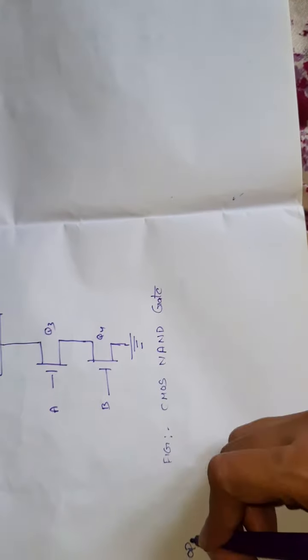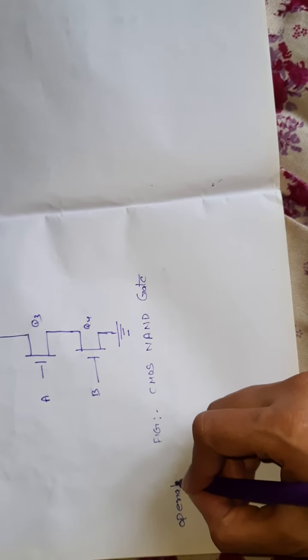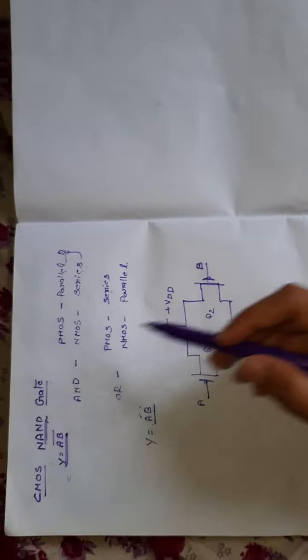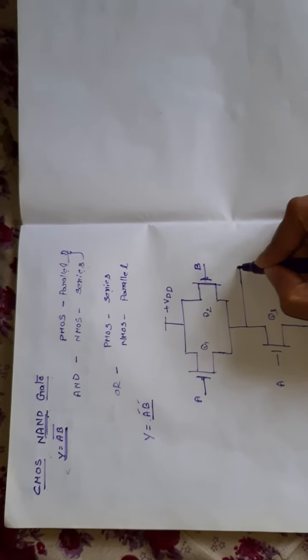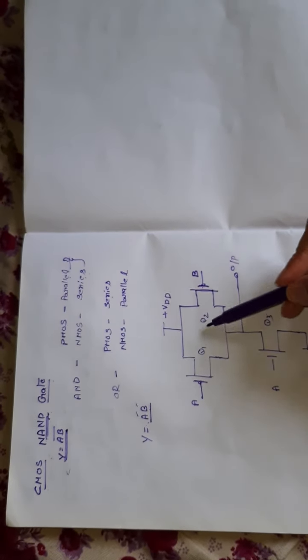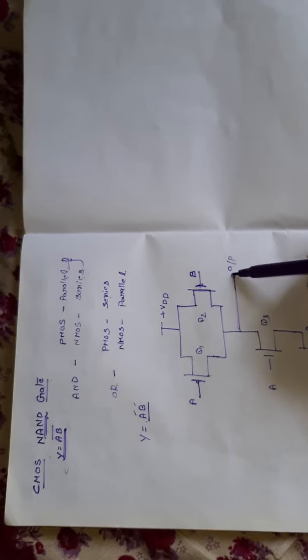So let us see the operation now. Always remember the given gate is NAND gate. You have to take the complement of the given gate and construct the CMOS circuit. And in between the pull-up network and pull-down network, you have to indicate the output terminal.